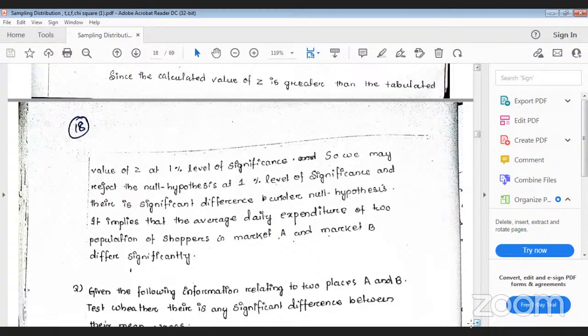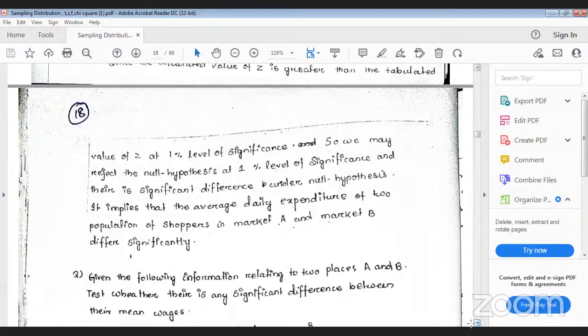It means that the food expenditure of women in market A and market B is not equal according to the test. It implies that the average daily expenditure of the two populations of shoppers in market A and market B differ significantly.